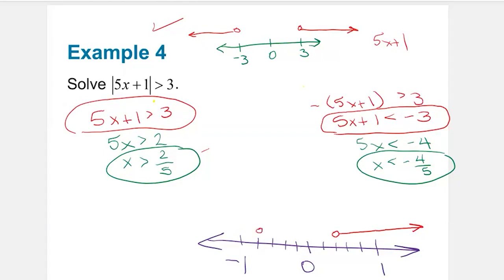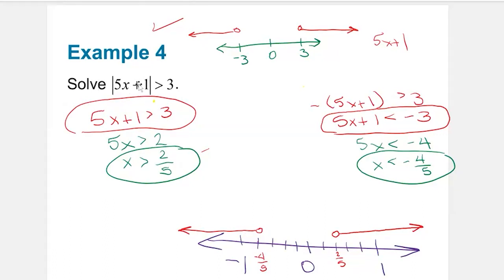Let me write down, this is 2/5, and this is -4/5. So I have an open circle there, but x is less than -4/5, so it's got to go in the negative direction. Notice how it still retains its shape. It's just the values change from -3 and 3 to -4/5 and +2/5. And it's just because we solved the equation for x.